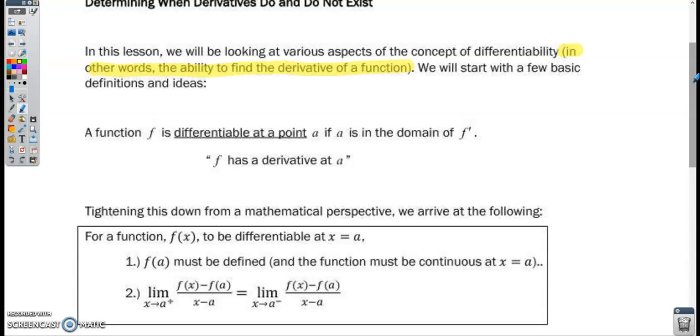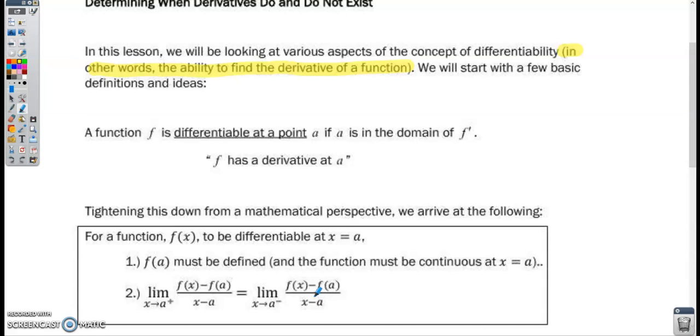And then what we need, and this should look familiar to you, is the limit as x approaches a from the right of our difference quotient, and the limit as x approaches a from the left of our difference quotient. Now realize, again, the limit as x approaches a of these difference quotients is finding the derivative of the function f of x.